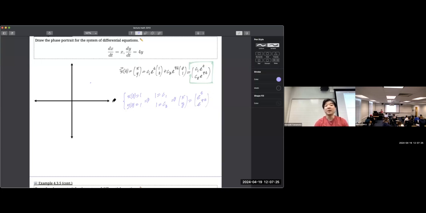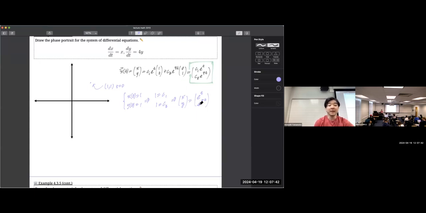And if you look at t equals 0, just like we wanted, it's going to be at (1, 1), because when t is equal to 0, it's e to the 0, which is 1, and e to the 4t also becomes e to the 0.